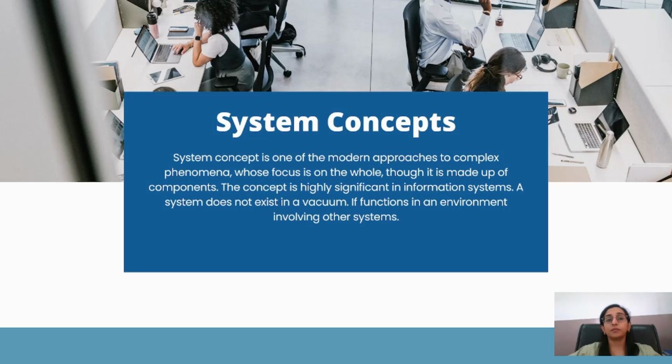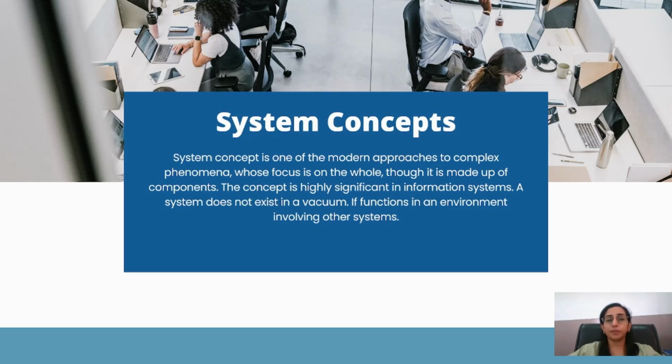If a system in any field is analyzed, it will be observed that it has three basic parts which are organized in an orderly manner. These three parts can be represented like input, then process, then output.